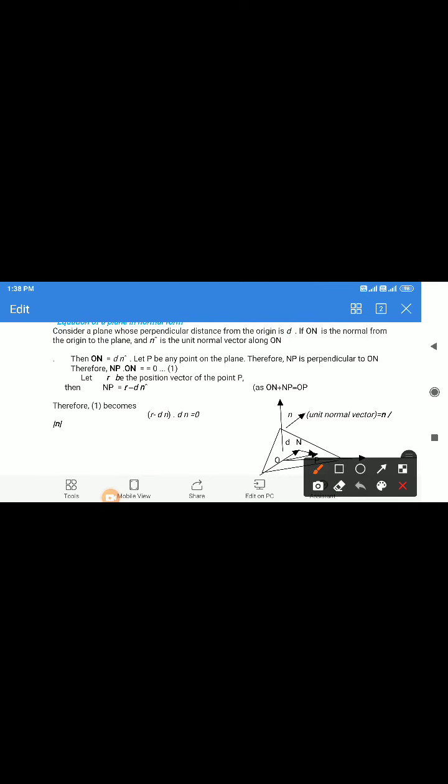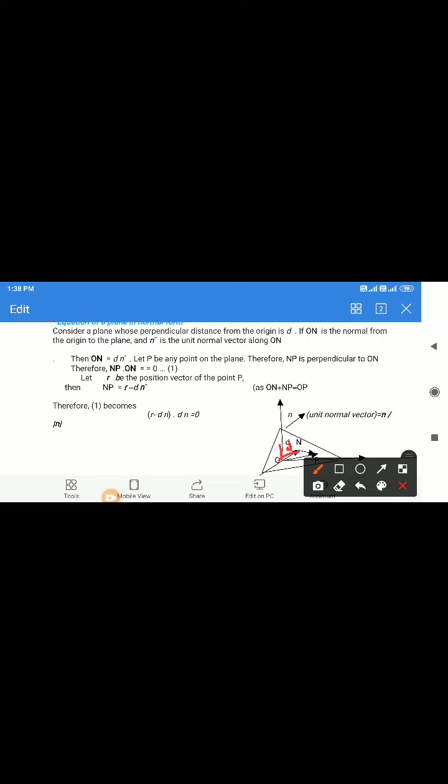This distance is d. This is not the distance. Distance is this one, O to plane. This distance is d.